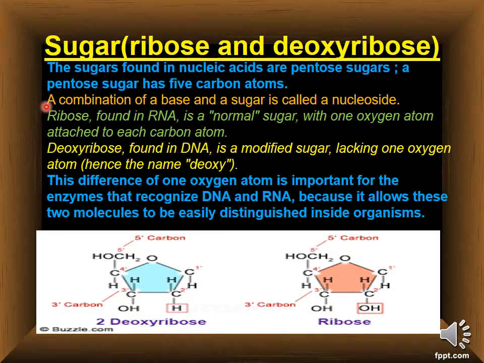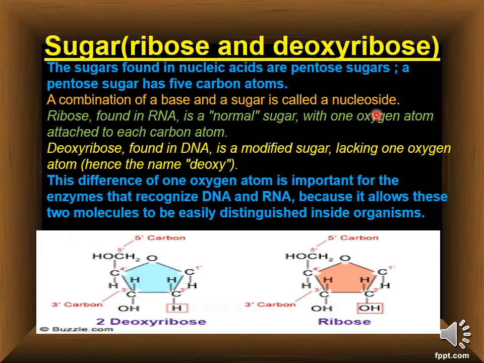A combination of a base and a sugar is called a nucleoside, not a nucleotide. A nucleotide means all 3 components are present: a phosphate, a pentose sugar and a nitrogen base. The combination of these is called a nucleotide monomer. But if you remove the phosphate, what is left?